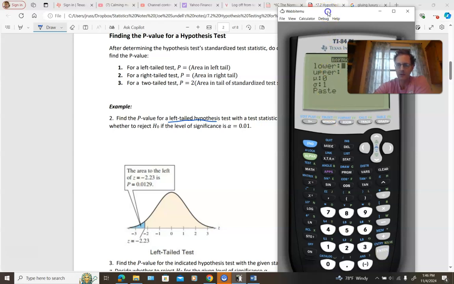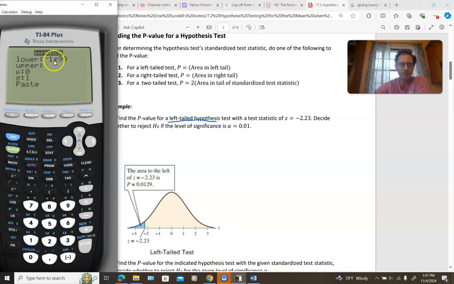Here we go. Okay, so you want your lower bound to be, remember we were referring to this as negative infinity, even though it's not technically negative infinity, because so far to the left of the mean it might as well be. So if this is our lower bound, then our upper bound would be our z-score, or our test statistic, negative 2.23. And then we're going to be using the standard normal distribution, okay? So our mean is going to be 0, and then our standard deviation is going to be 1.